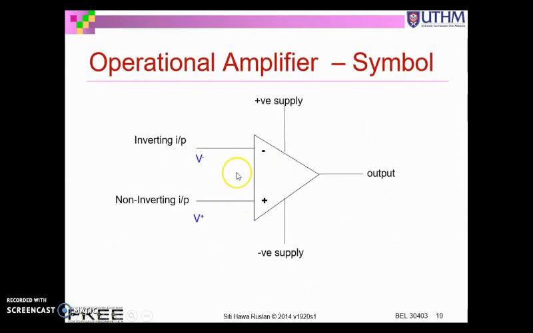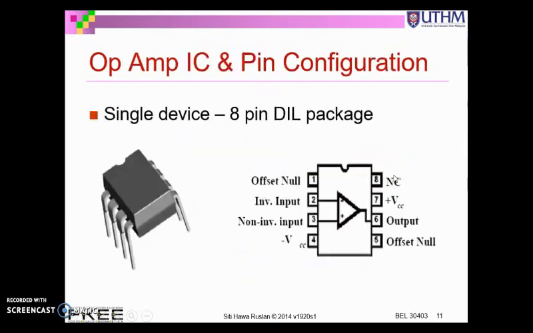So basically, we can summarize, we have two inputs, which are non-inverting, the positive terminal, and the negative or inverting input right here, positive supply, negative supply, and one output. So this is a dual inline, 8 pin, which is 4 on one side, another 4 on another side.